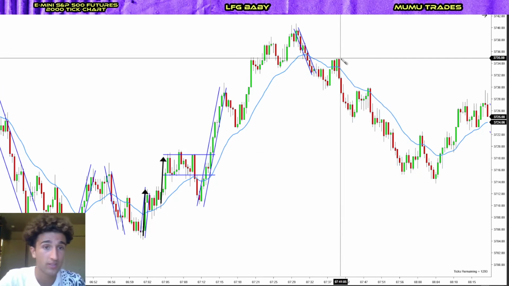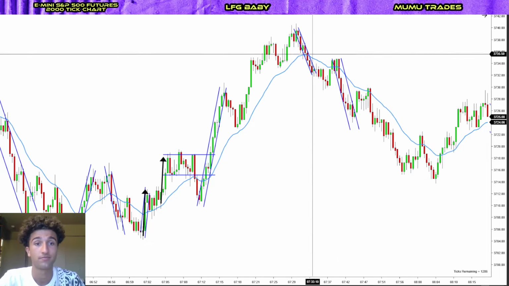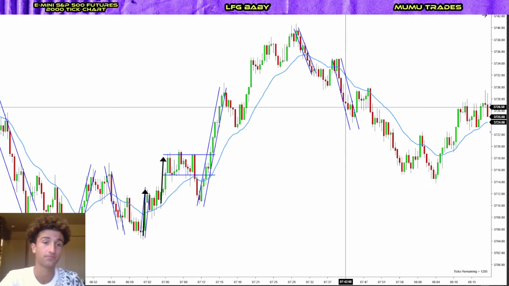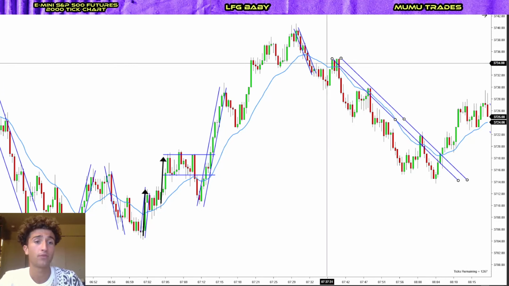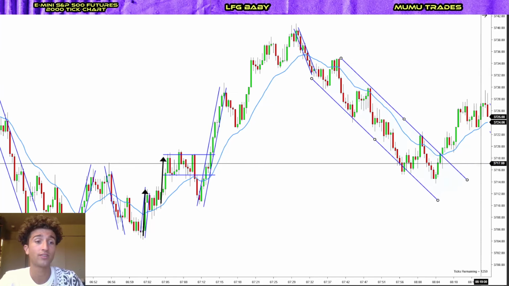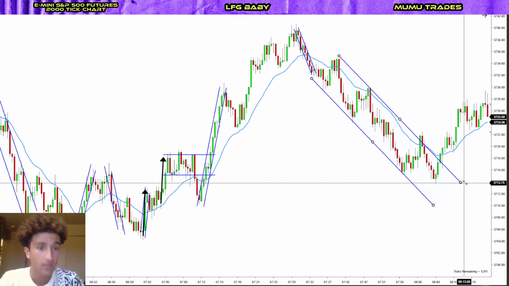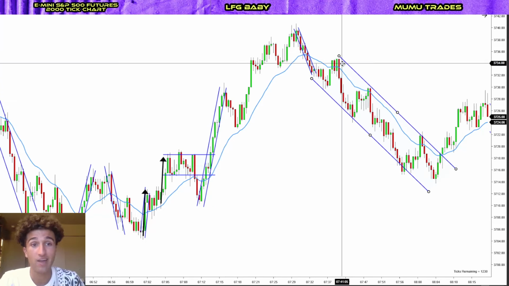So we might even just have a trend channel like this, one leg down, another leg down, and then two more legs down. But at the end of the day, we're just doing what we want in terms of what can allow for the best way we can identify high probability setups.